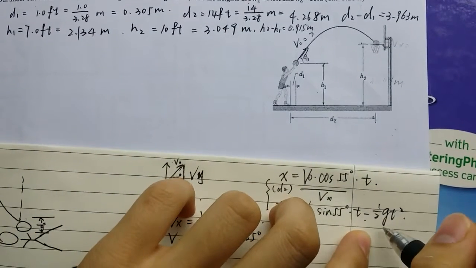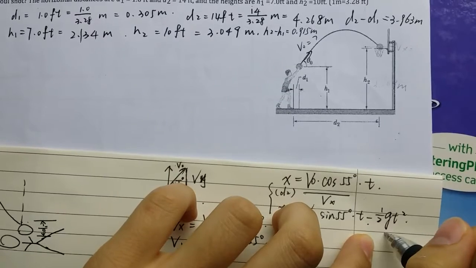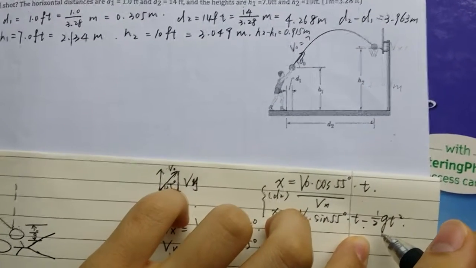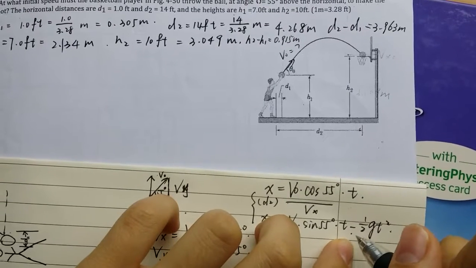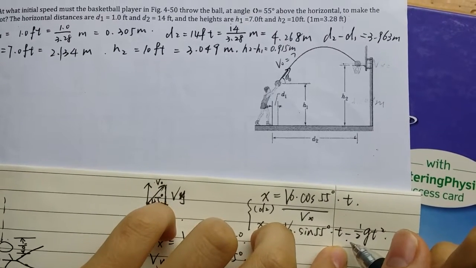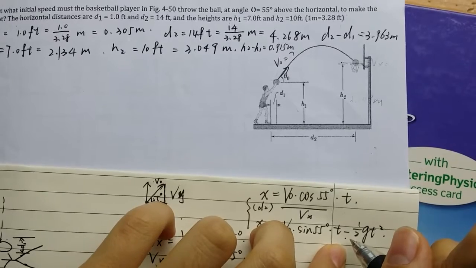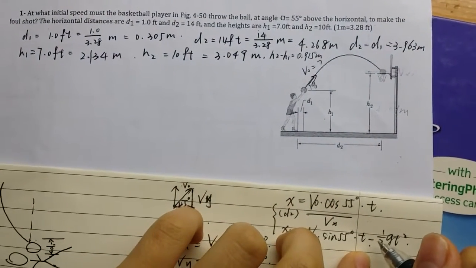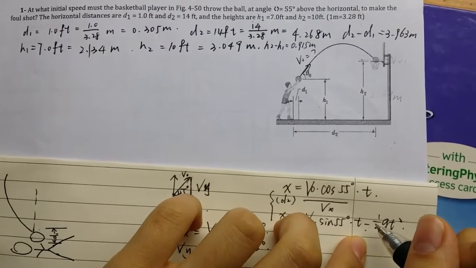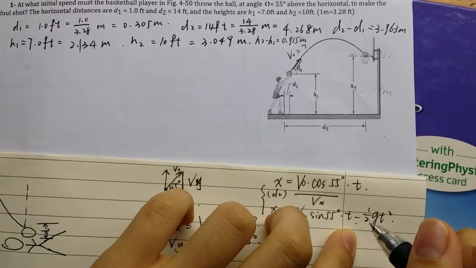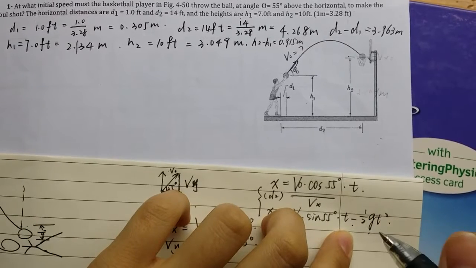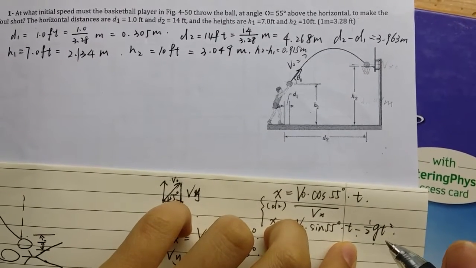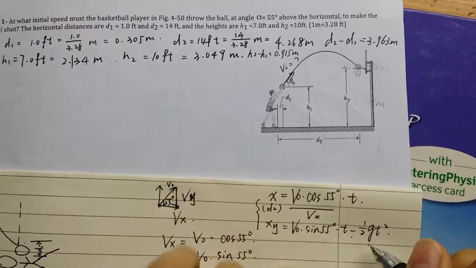Because g, the acceleration, is downward, so the acceleration is the inverse of the positive one.